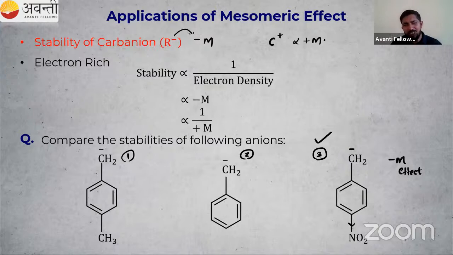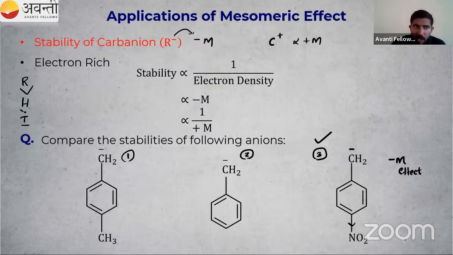So we are discussing the same thing: stability of carbocation and stability of carbanion, based on inductive effect, hyperconjugation, and resonance. Suppose we have hyperconjugation, resonance, and inductive effect. Which is more dominant? Stability due to resonance is more dominant.